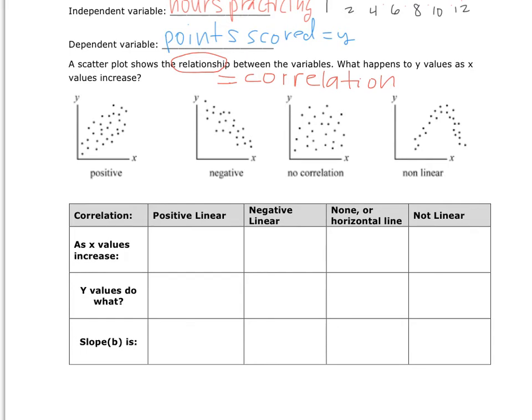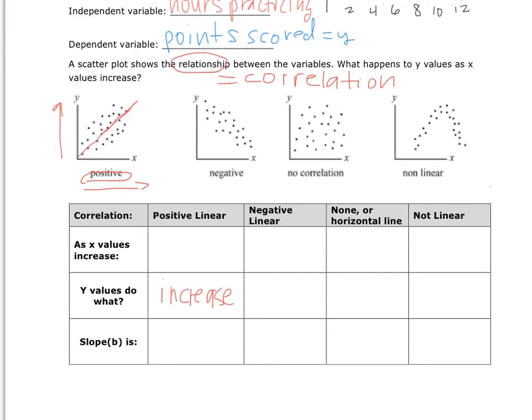Now, one specific way that we can ask that question is, what happens to y as values of x increase? All right, so as we go to the right, as x values increase, what is happening to y values? Well, in this first case, as x is getting larger as we're going to the right, y values are also going up.